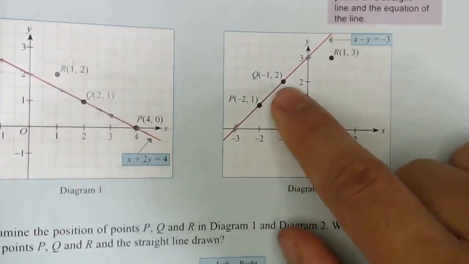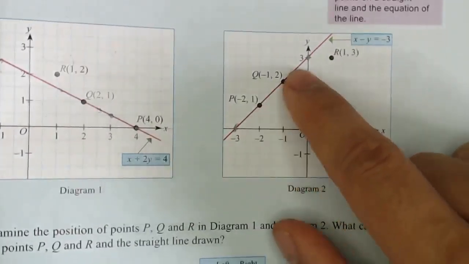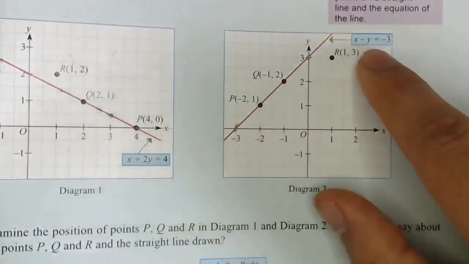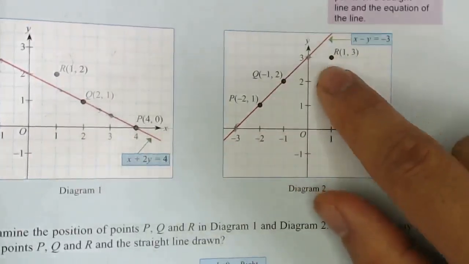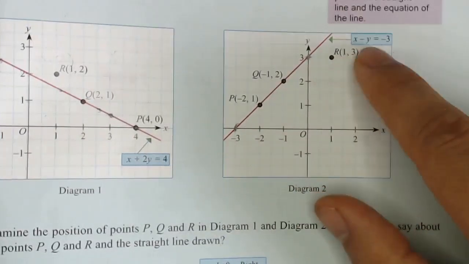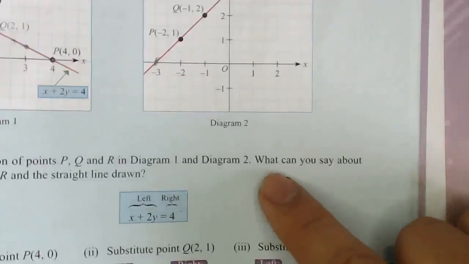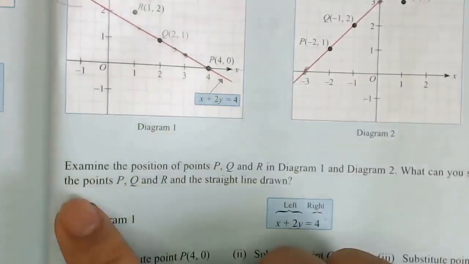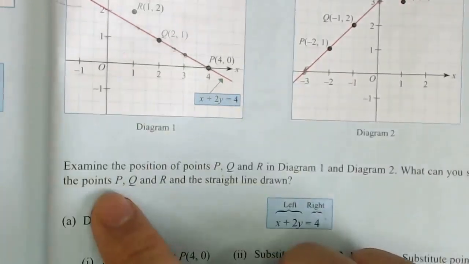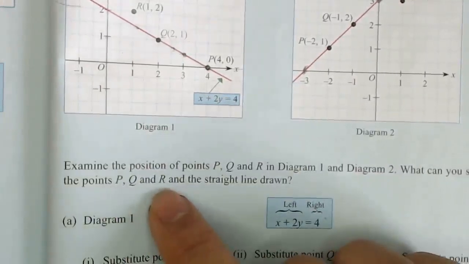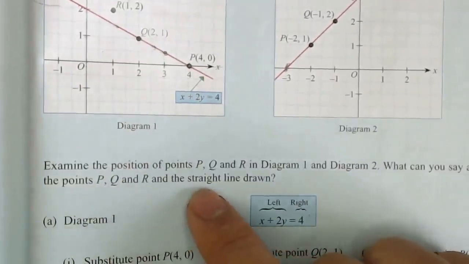P and Q are points on this equation, while R here is not a point on this equation. What can you say about the points P, Q, and R and the straight line drawn?